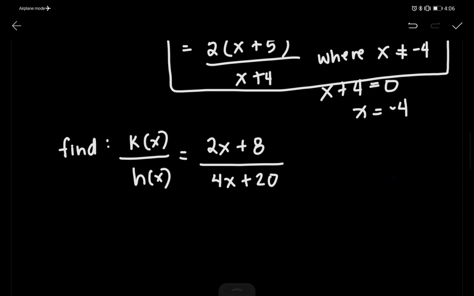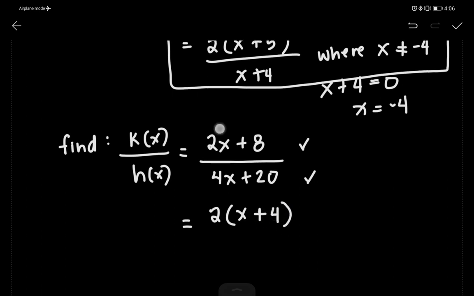Same as usual, we have to simplify our numerator and our denominator by getting the greatest common factor. The greatest common factor of our numerator is 2. So this is 2 times x plus 4, because 2x divided by 2 is x, then 8 divided by 2 is 4.